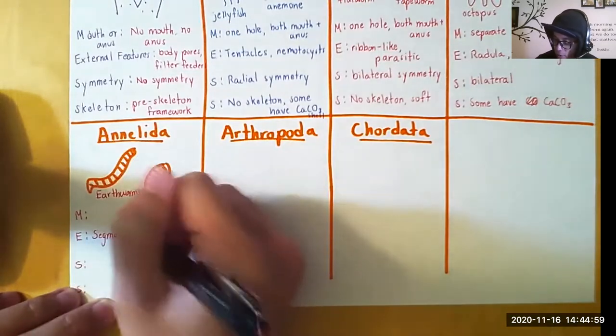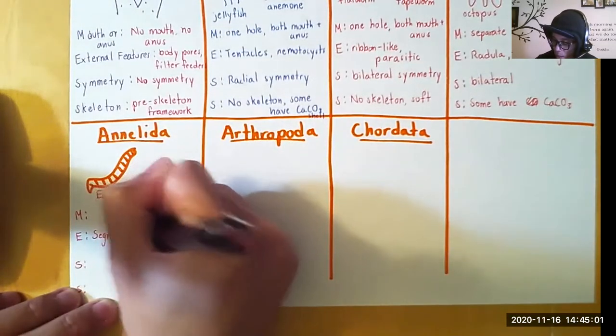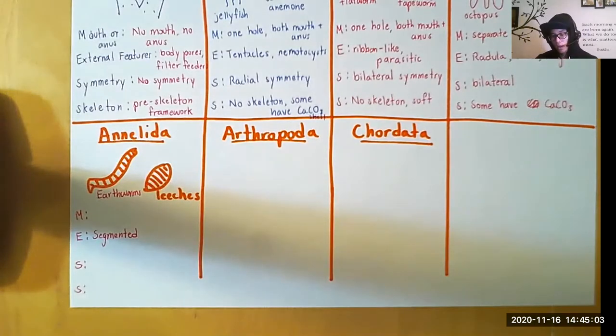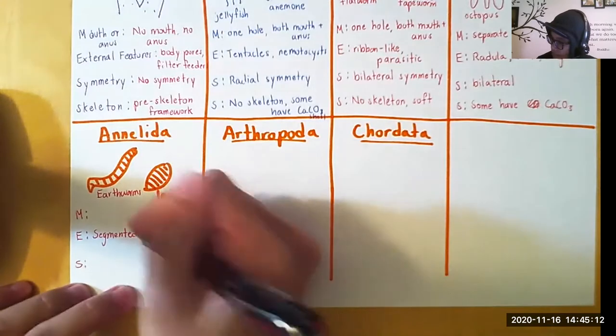So E stands for external features. They are segmented, so they have different regions of their body that are lined so that each section is particularly distinct.